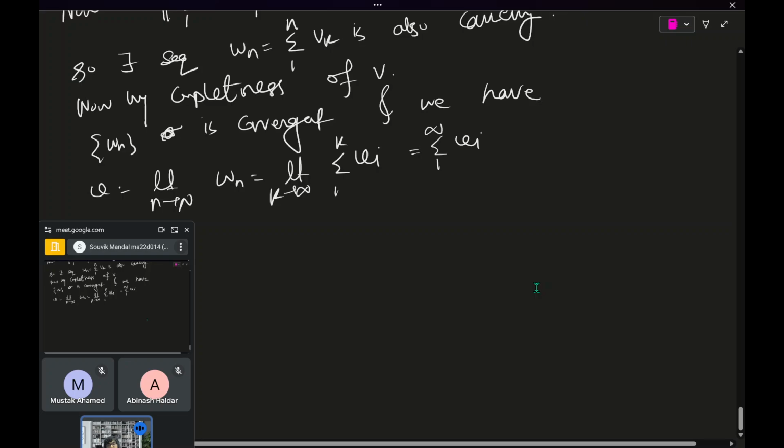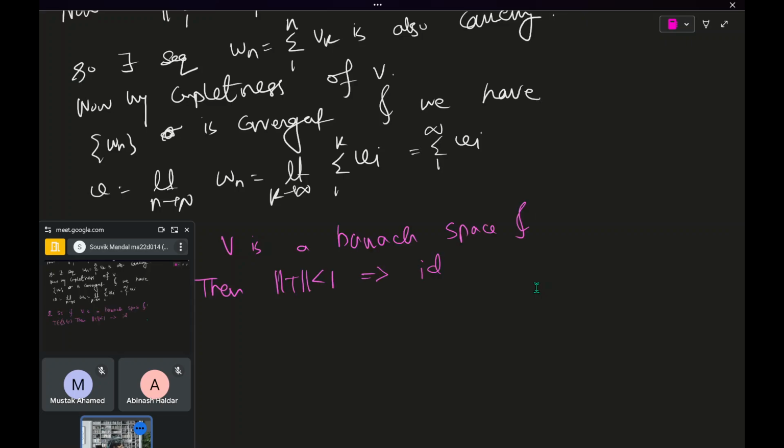Now, question: show that if V is a Banach space and T belongs to B(V) with norm T less than 1, then identity minus T is an invertible operator.